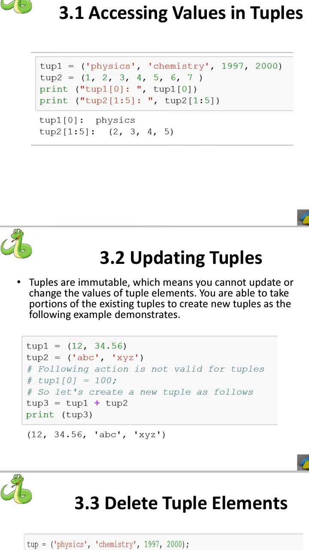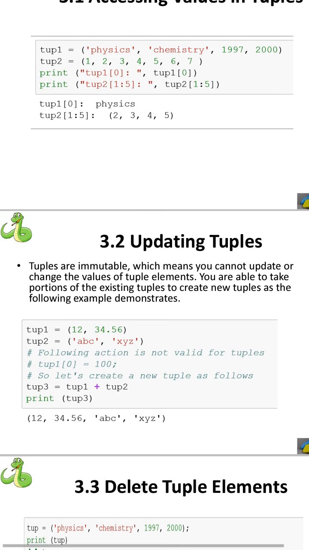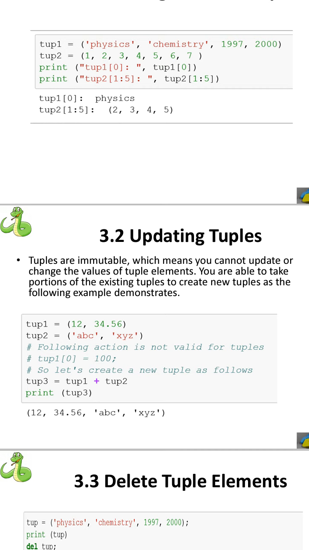When I print tuple 1 of 0, as I have stated, in the 0th index of tuple 1 the value associated with that index is physics. Hence, when I say tuple 1 of 0, in the output I can see physics. Similarly, we can use slice operation for tuples too.